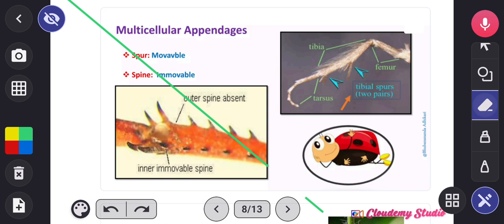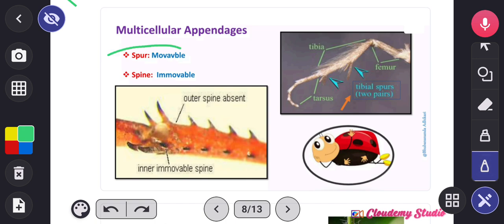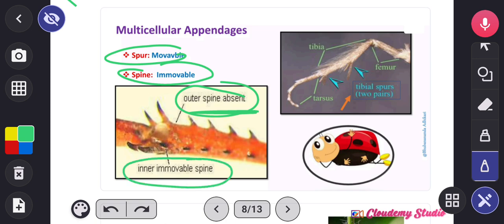Now, let's talk about the multicellular appendages. In the multicellular appendages, we have the movable one and the immovable one. The movable one is the spur, and the immovable one is the spine. Look at it. This one is the outer spine, and this one is the inner immovable spine, while the movable one is the what? Look at it.